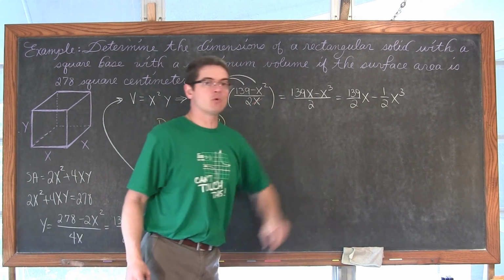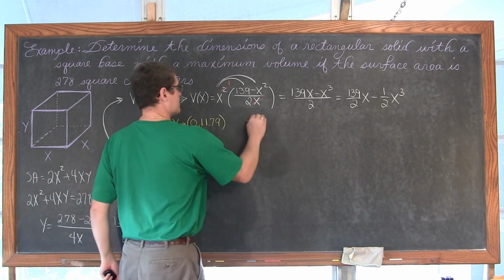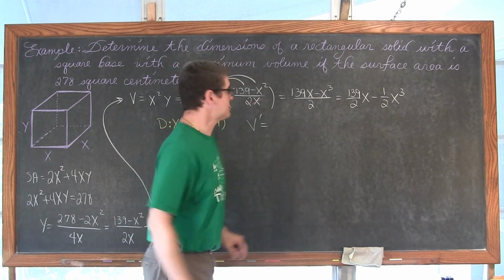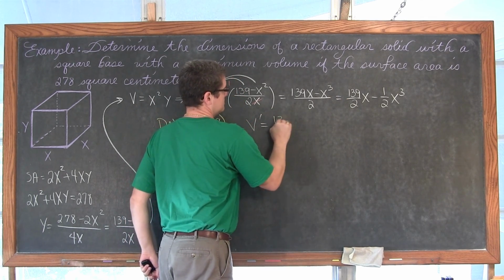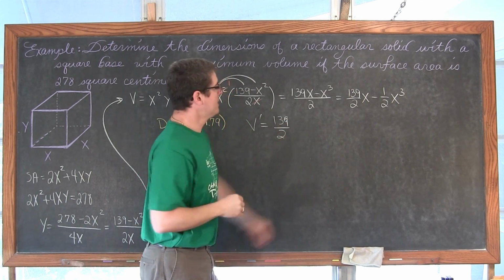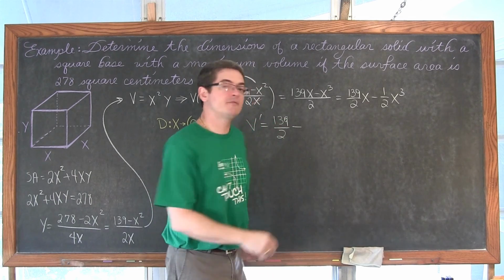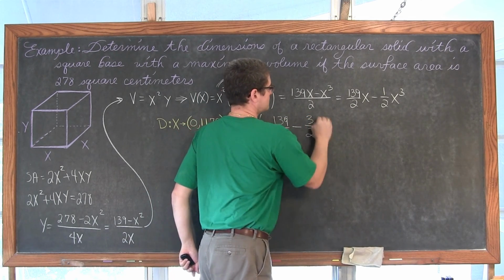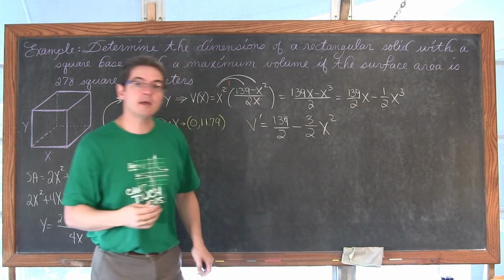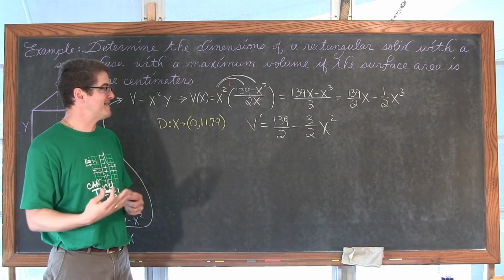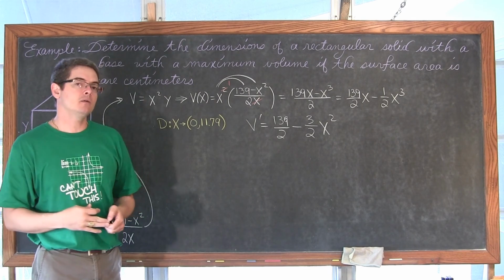We have it in a nice form to find the first derivative, and that first derivative is going to be 139 over 2 times x is going to be 139 over 2 minus, bring that 3 down, 3 times 1/2 is 3/2 x squared. Okay, so we need to find our critical values for the first derivative, and that's going to be where it is equal to 0 and where it is undefined.